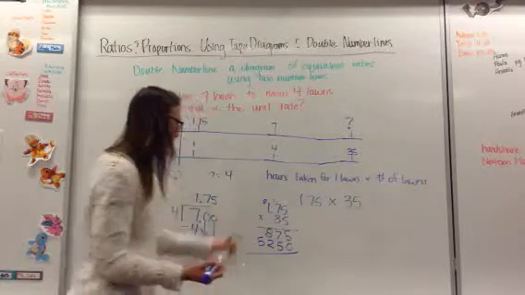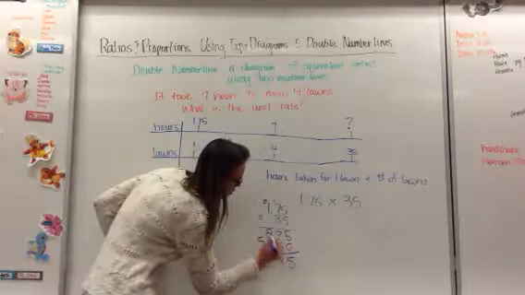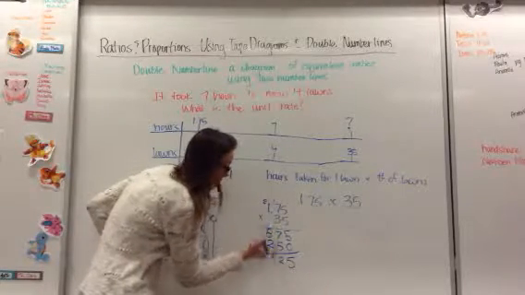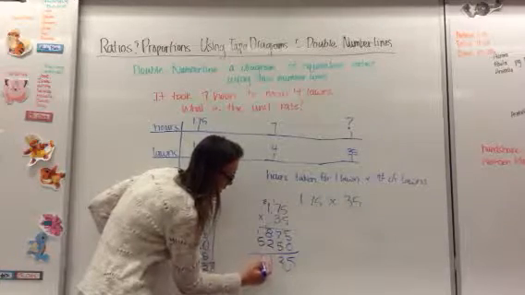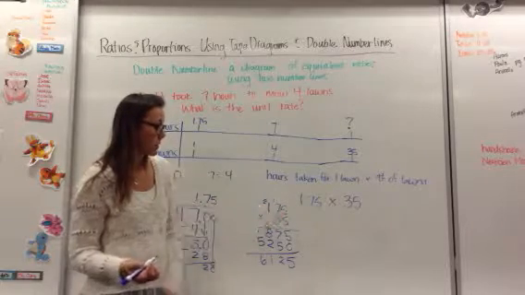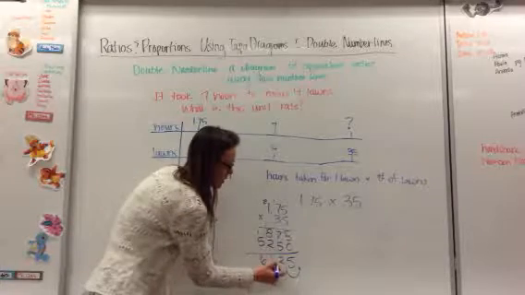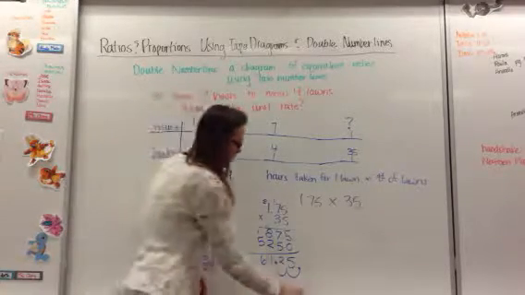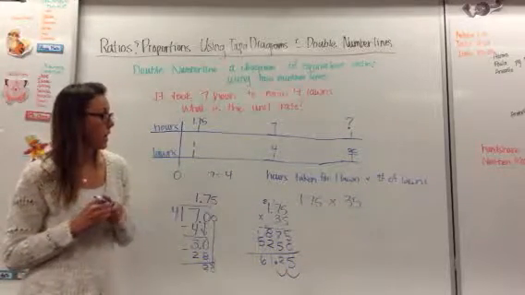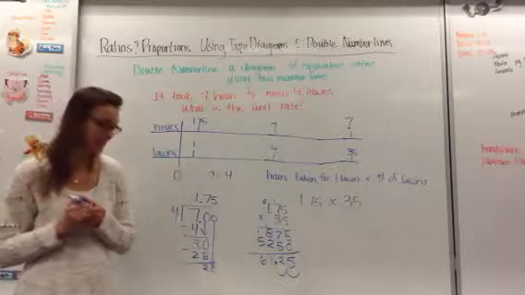Okay, then I add it up. 5 plus 7 is 12, carry the 1. 8 plus 2 is 10, plus 1 is 11, carry the 1. And then I need to remember that I have two numbers behind the decimal, so I need to bring my decimal over 1, 2. So it should take me 61.25 hours to mow 35 lawns.